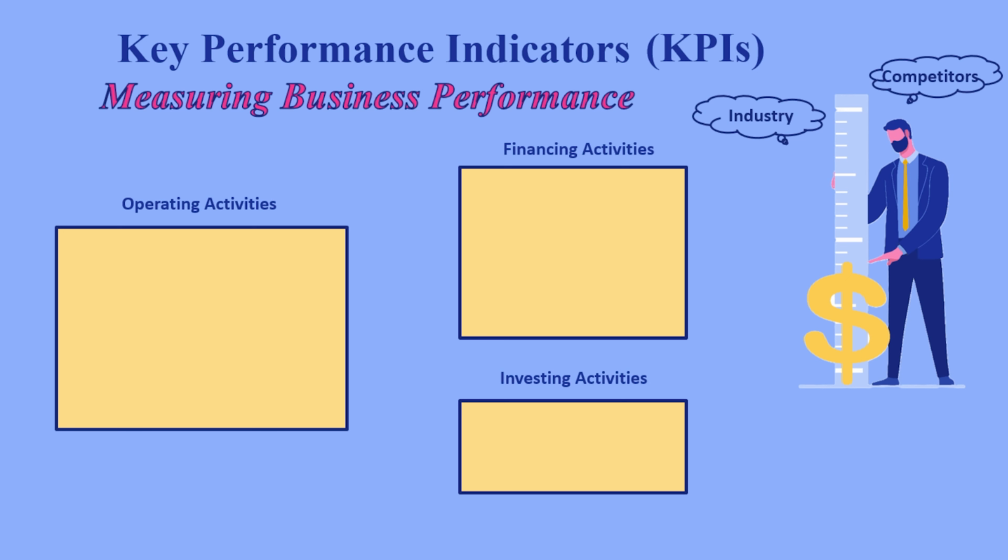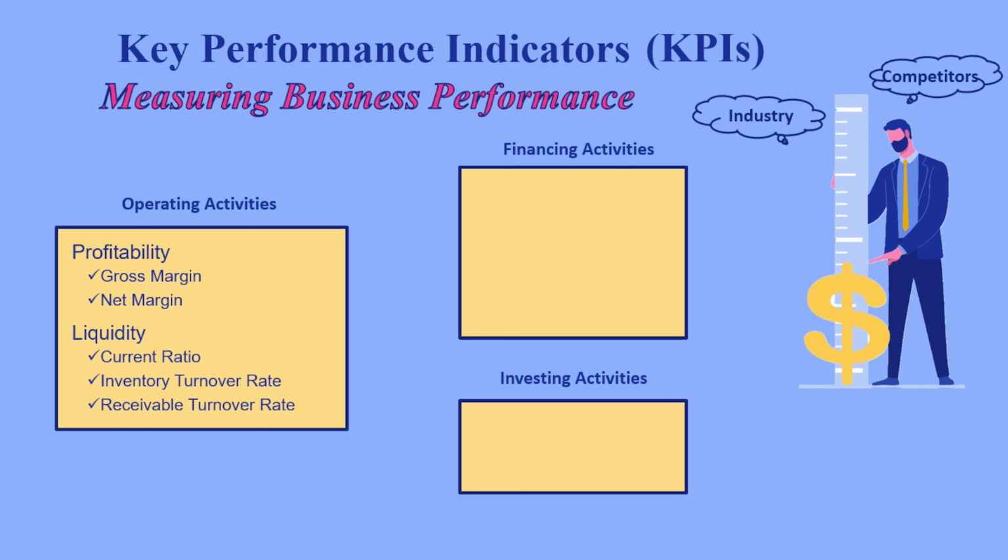Important KPIs for operating activities include profitability, which includes gross margin, net margin, and liquidity. Liquidity includes the current ratio, inventory turnover rate, and the receivable turnover rate.